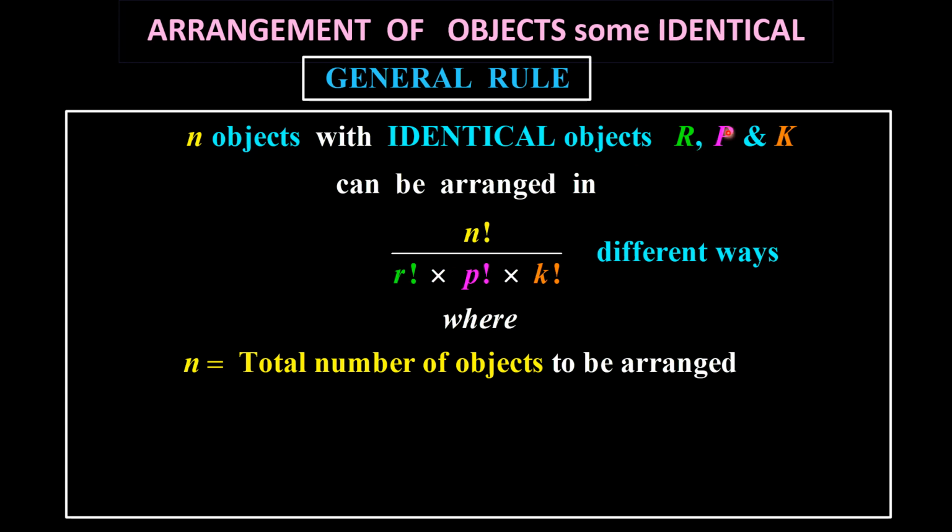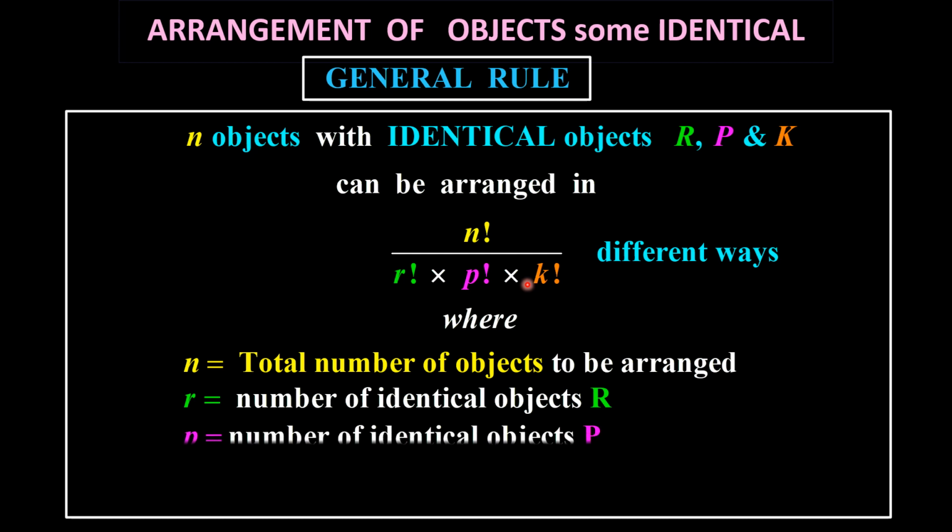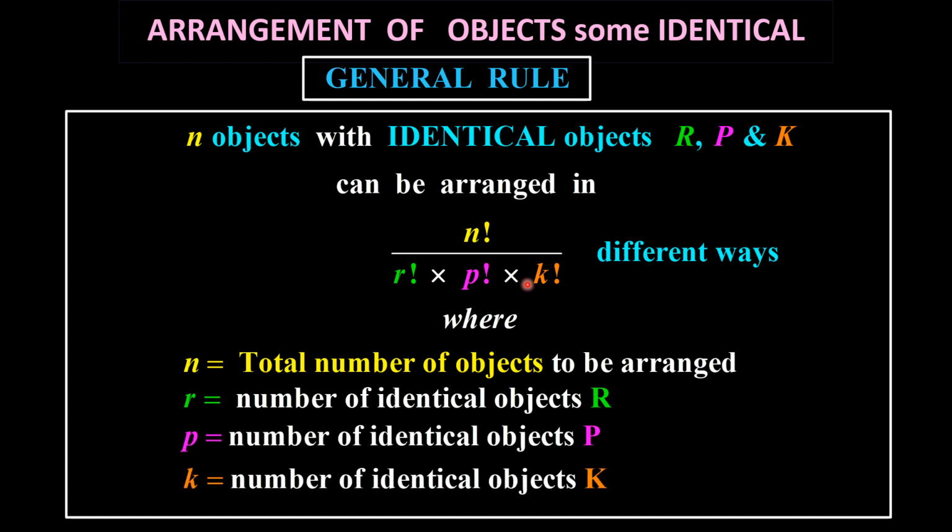And the same with capital P, the number of objects of capital P is the lowercase p, and the number of objects k that are repeated is the lowercase k. So that's our formula for arrangement of objects where some of the objects are identical, and we compensate by dividing.